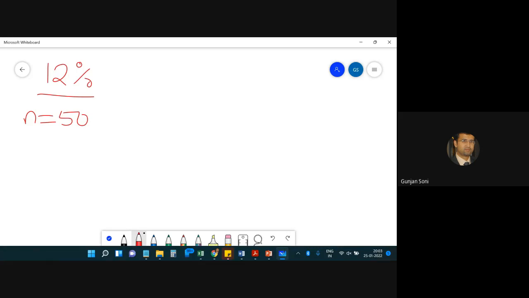I have already told you earlier how we deal with proportions when they are given. So the expected value of p, expected value means mean. What is the expected value which is given over here in the question? Less than 11%?